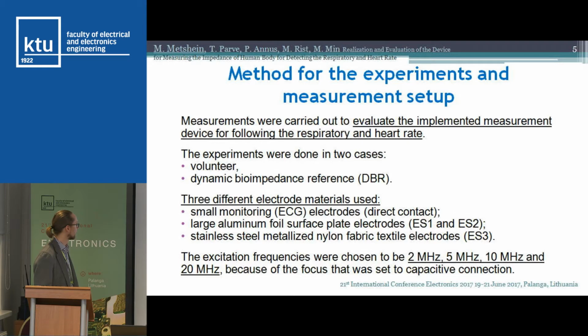We used 3 different electrodes: traditional ECG electrodes, large foil surface plate electrodes, and textile electrodes of stainless steel with stainless steel yarn. And excitation signals above 2 MHz were used to focus on the capacitive connection.